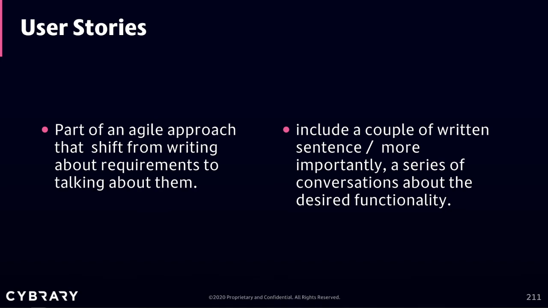It includes a couple of written sentences and, more importantly, a series of conversations about the desired functionality. So a user story, or just a story, is a simplified task within an epic. For instance, we may have stories of sign up with email, sign up with Facebook, log in with email, log in with Facebook, forgot password, log out.